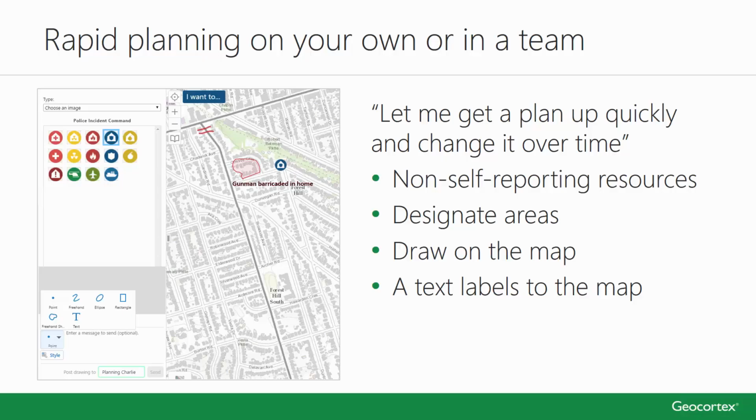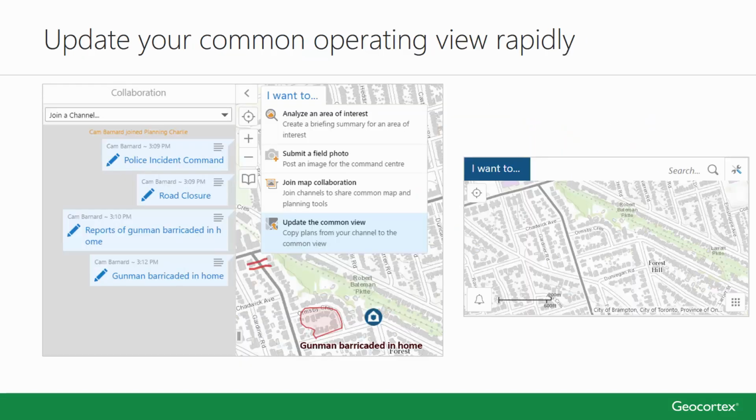Well, we've created planning tools that, through the collaboration interface you've already seen, make it very, very easy to designate areas, draw on the map, add labels. And again, the theme here is being able to do it quickly, rapidly, and then change it over time as the plan updates. You can also create a common operating view or a common operating picture that everyone has access to, that allows people to stay in touch with the current plan.